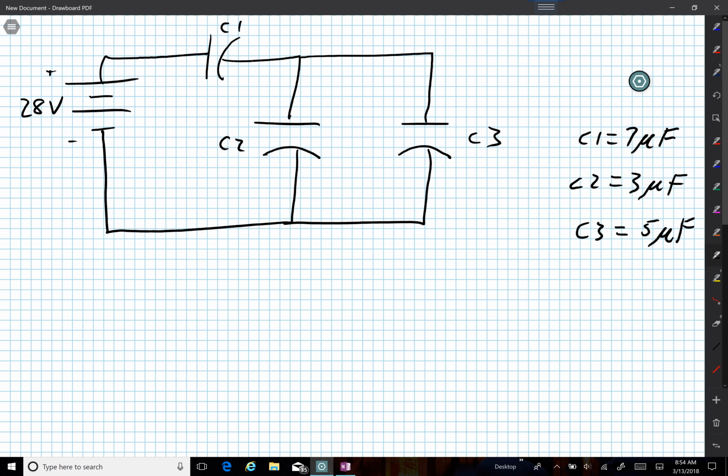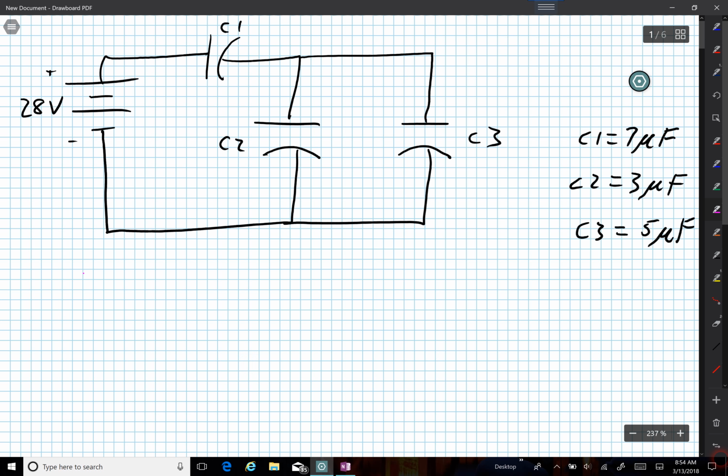And we want to analyze this circuit. And analyzing the circuit means the following. Let's see. Here's our guiding equation. Capacitance is charge divided by voltage.